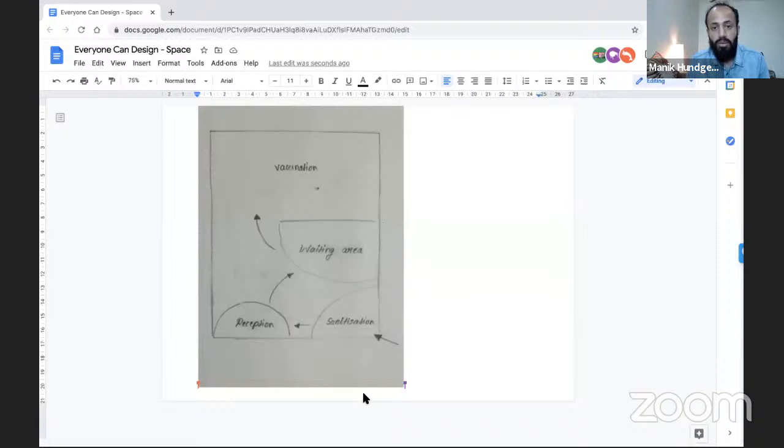Is anyone uploading? While you're uploading, you have to go back to your... Akshat is asking, can I share my screen? Yeah, you should be able to. I have to stop it. Akshat, can you share your screen then? Are you able to see the option?